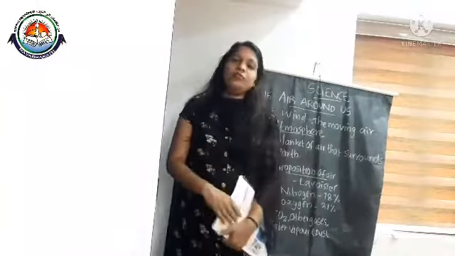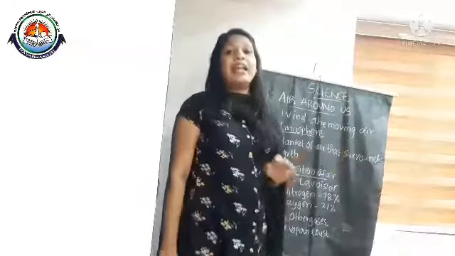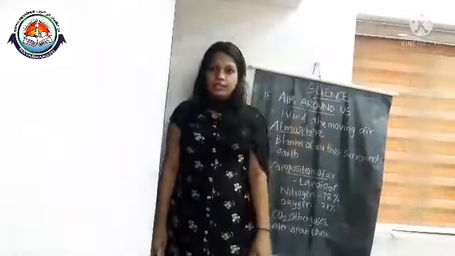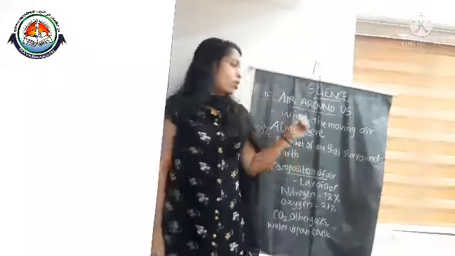Clear? Yes. So next we are moving on to the next topic, that is atmosphere. Our environment, our earth, has a thick layer of air around us, and this blanket of air that surrounds the earth is called the atmosphere. What is an atmosphere?